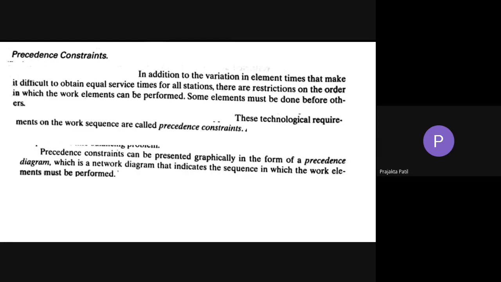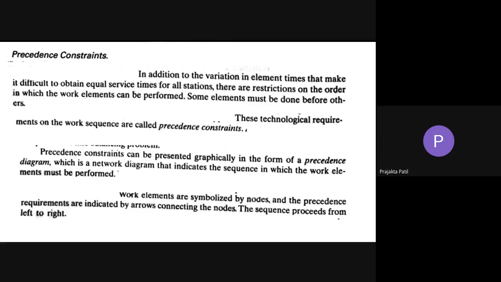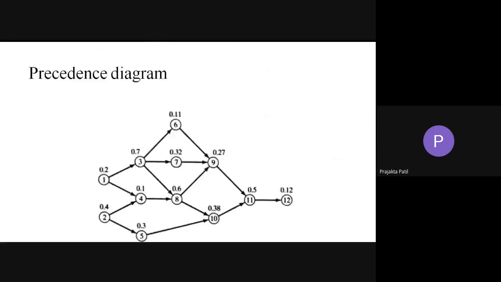Precedence constraints can be represented graphically in the form of a precedence diagram, which is a network diagram that indicates the sequence in which the work elements must be performed. On the precedence diagram, work elements are symbolized by nodes and the precedence requirements are indicated by arrows connecting the nodes. The sequence starts from left to right. So this is a precedence diagram, and I'm sure you are all familiar with this type.